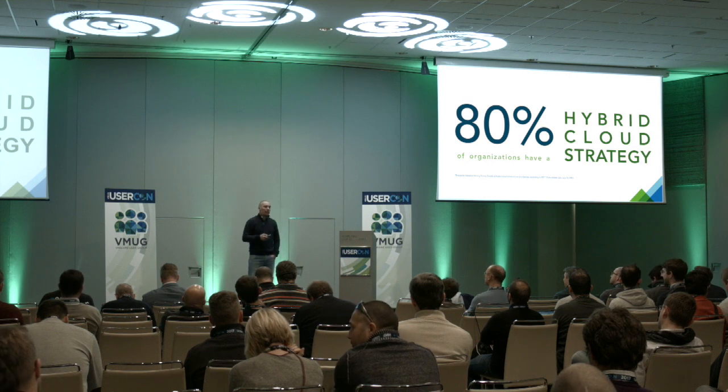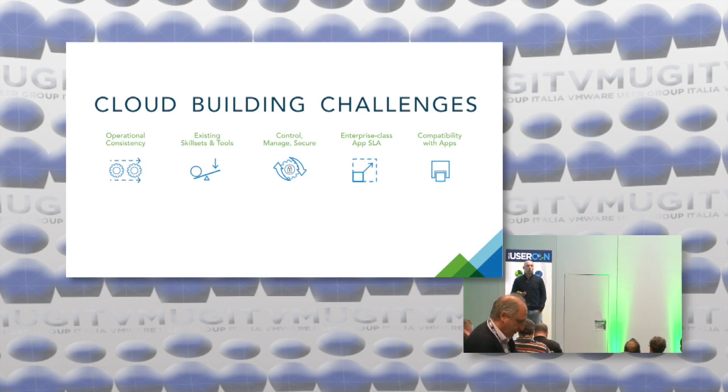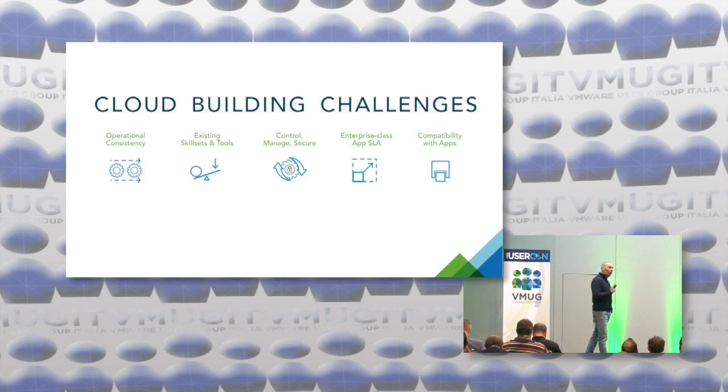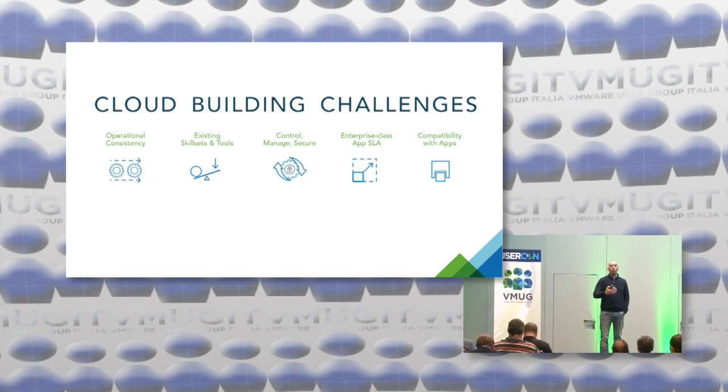But the reality is that building hybrid clouds, or building just clouds in general, actually presents a lot of challenges. So one of the problems is operational consistency. We're all used to deploying VMs in our VMware data center. However, that's not the same when you deploy a VM on an Azure environment or an EC2 instance of Amazon.